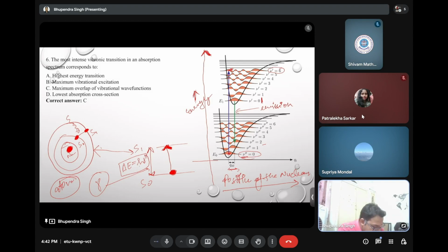Why is there a gap? This gap, from this point till this point.